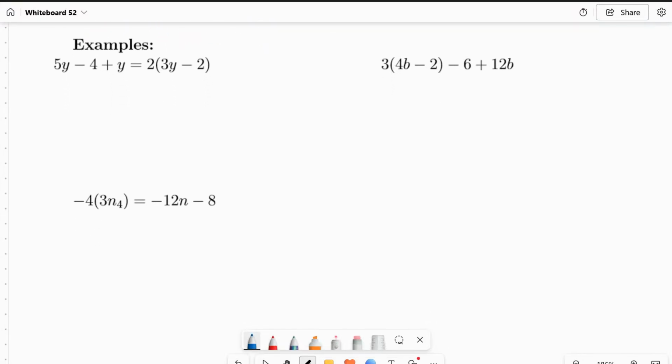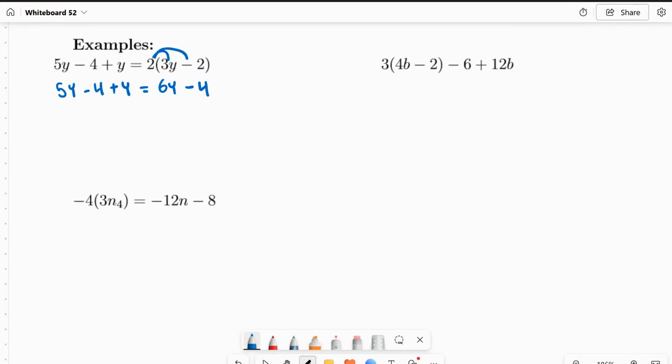On the next example here, you can see I have a multiplication outside of parentheses. So the first thing I would do here is use the distributive property to undo those grouping symbols. That's going to give me 5y minus 4 plus y equals 2 times 3y, which is 6y, 2 times negative 2, which is minus 4.